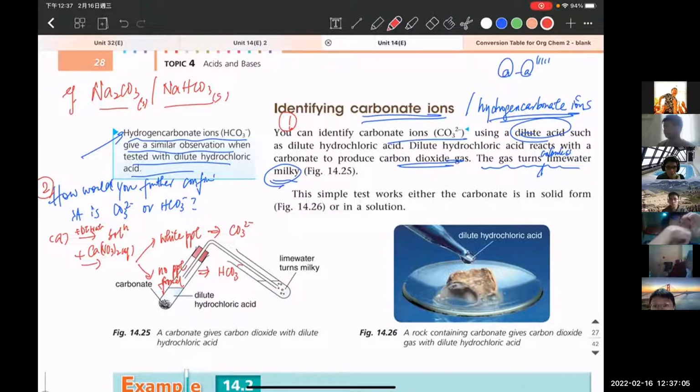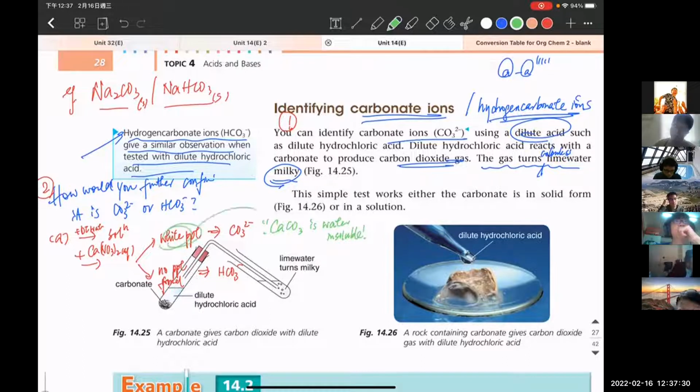Is that because there is a displacement reaction that happens and the calcium carbonate doesn't dissolve in water, and the calcium hydrogen carbonate will dissolve in water? Yes, very good. Excellent. So you may find that. Why is it like that?